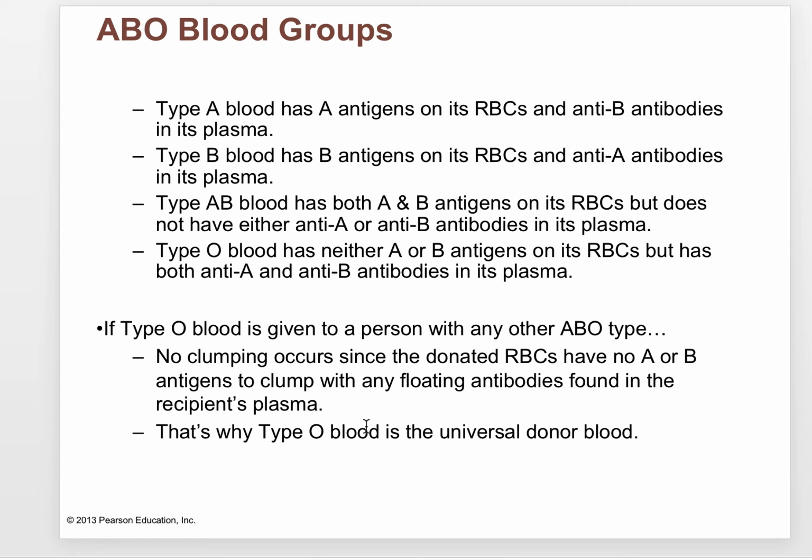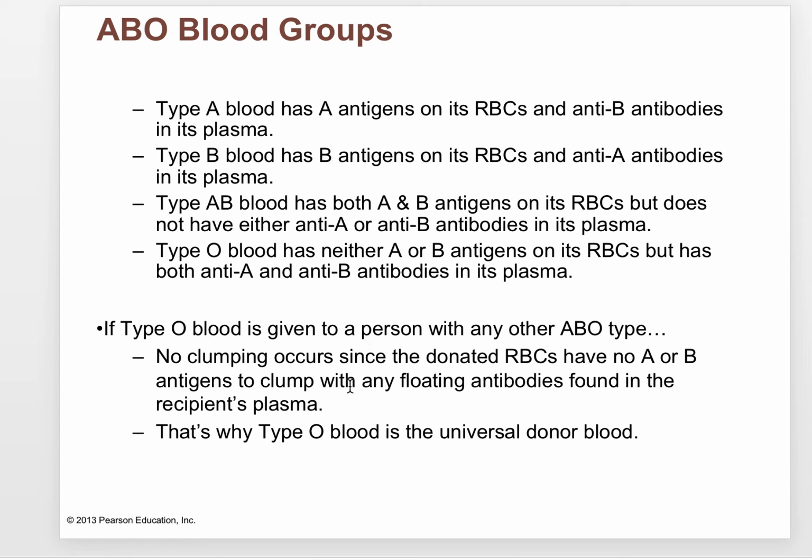Now, the last case, type O blood. Remember, type O blood has neither A nor B antigens on the red blood cell, but has both anti-A and anti-B antibodies in the plasma. If you have type O blood and you're given any other blood type, there's no clumping, because the transfused red blood cells have no antigens to interact with the antibodies floating around in the recipient's plasma.